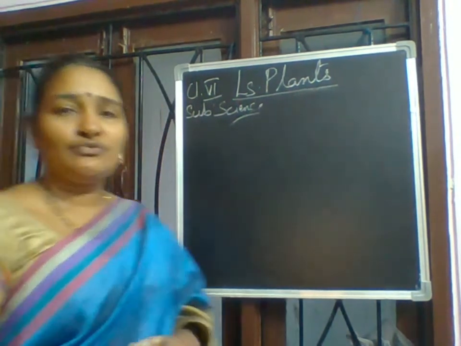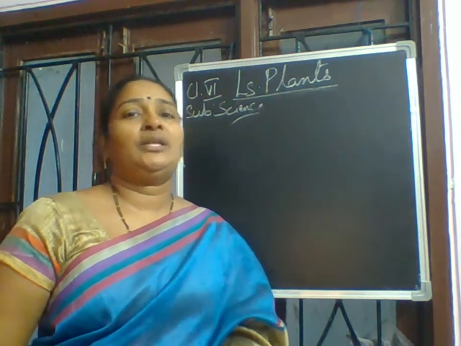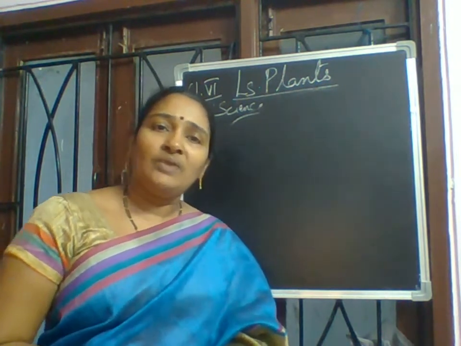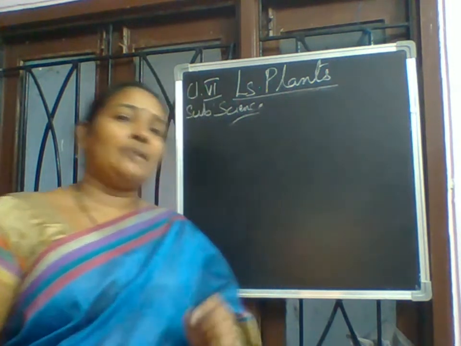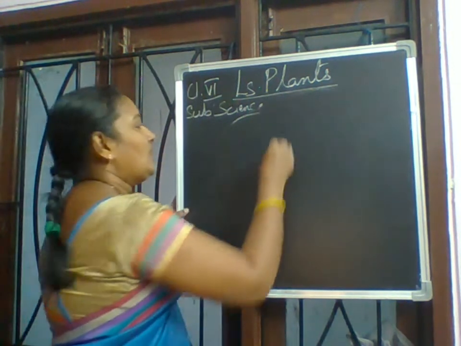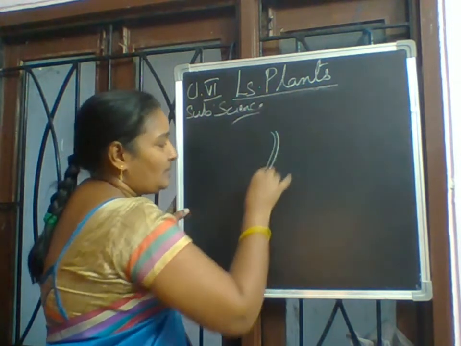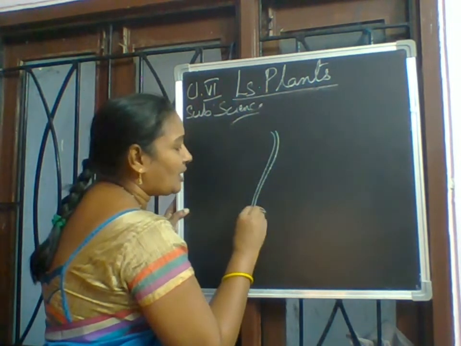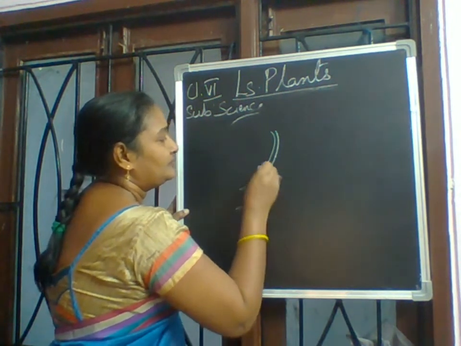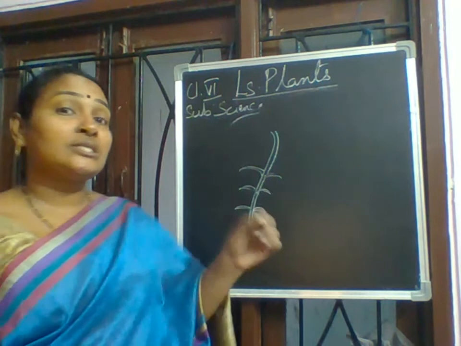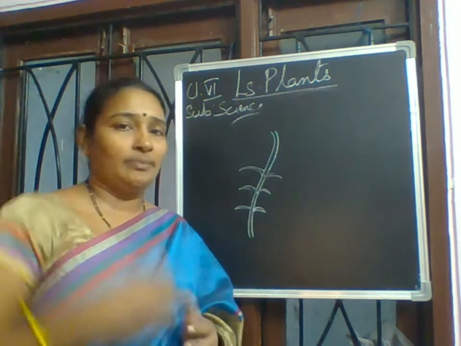For the next modification, for example, a money plant has a very weak stem. Actually, it is a climber. When you observe a money plant, you can see on the stem itself tiny root-like structures. Why? Because it needs support to climb.